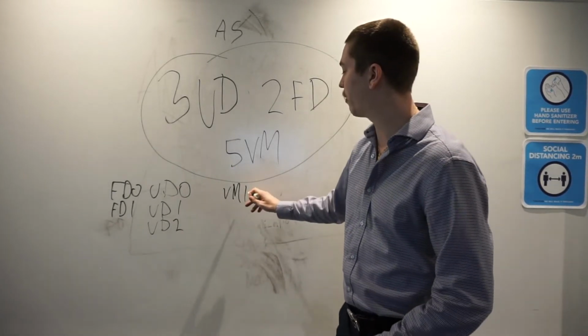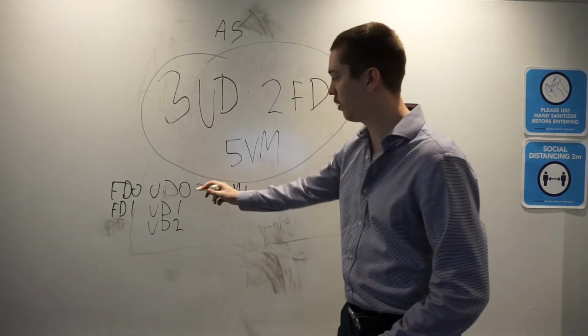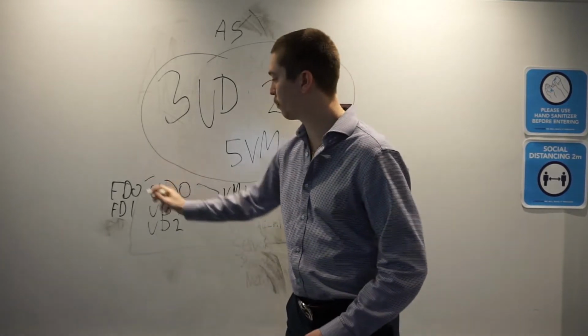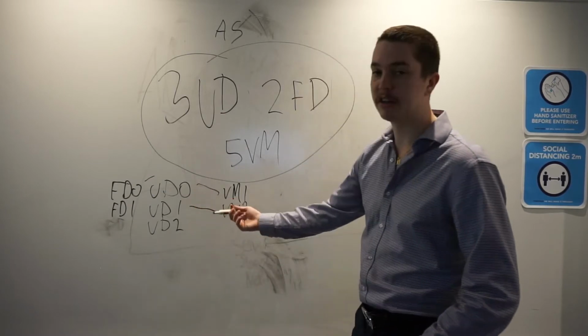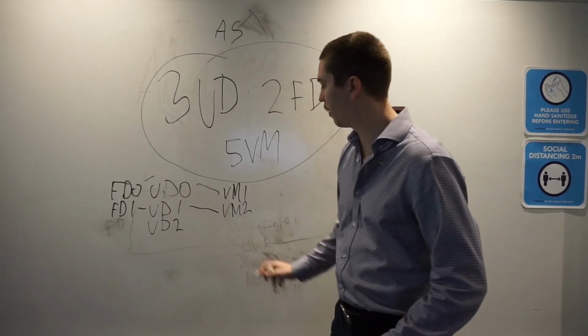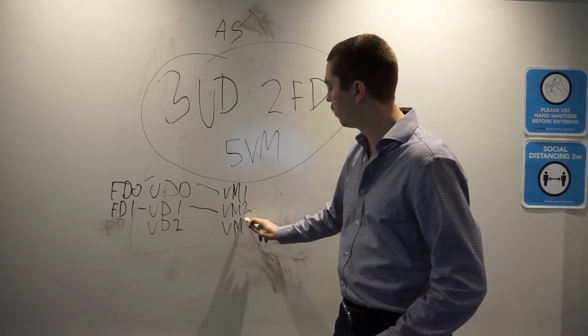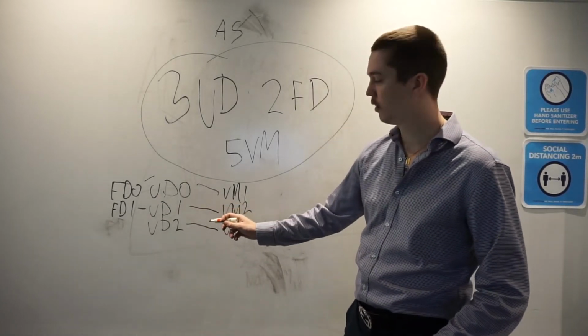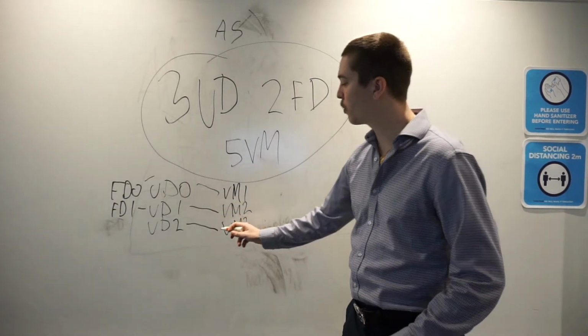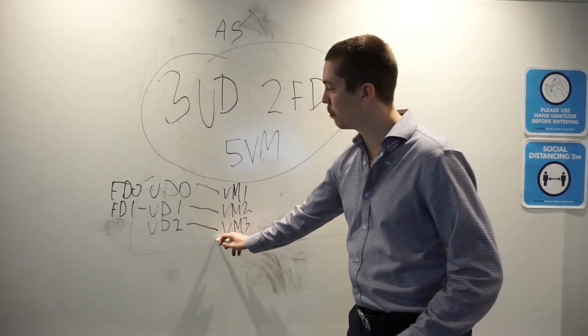So we got VM1, it can connect to update domain 0 and fault domain 0. We have VM2 that can connect to update domain 1 and fault domain 1. Then VM3 would connect to update domain 2, but then fault domain 0.